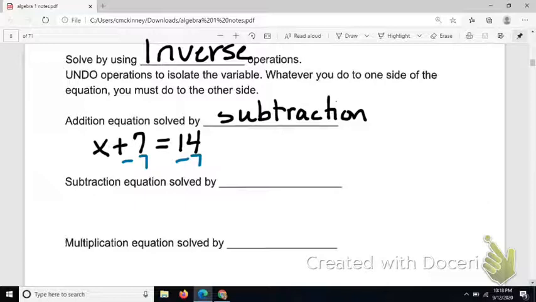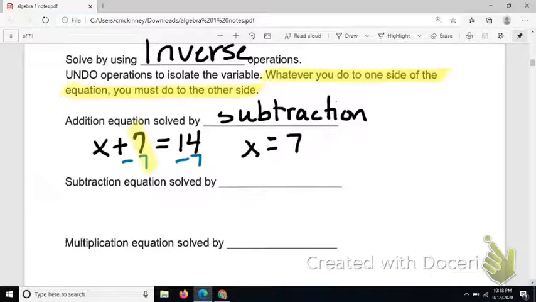This is our golden rule of algebra, that whatever you do to one side of the equation, you must do to the other side. That makes that 7 0 pair out, and we know that anything plus 0 is just itself. So now x is by itself, and then 14 minus 7 is 7.